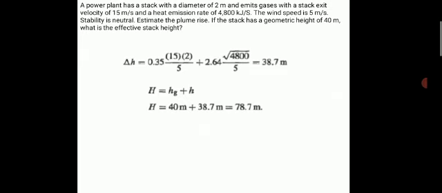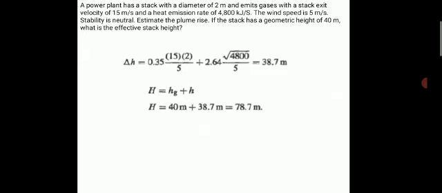This is an example to determine the stack height. A power plant has a stack with a diameter of 2 meters and emits gas with a stack exit velocity of 15 meters per second and a heat emission rate of 4800 kilojoules per second. The wind speed is 5 meters per second.